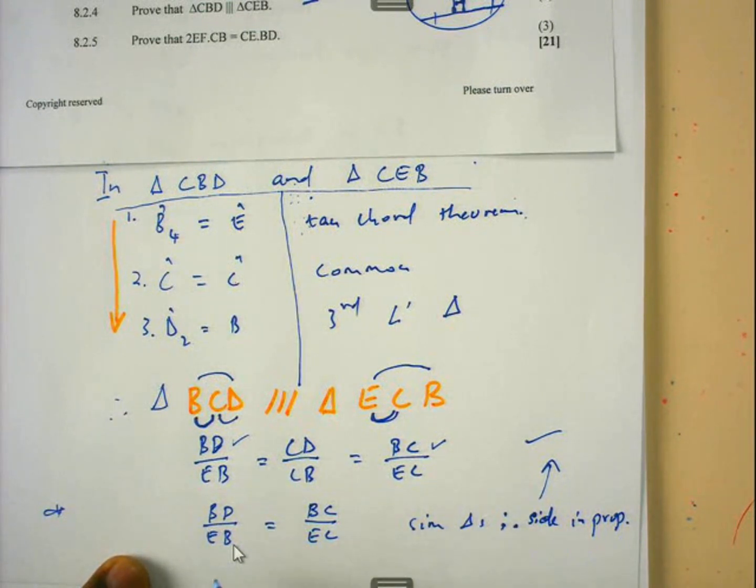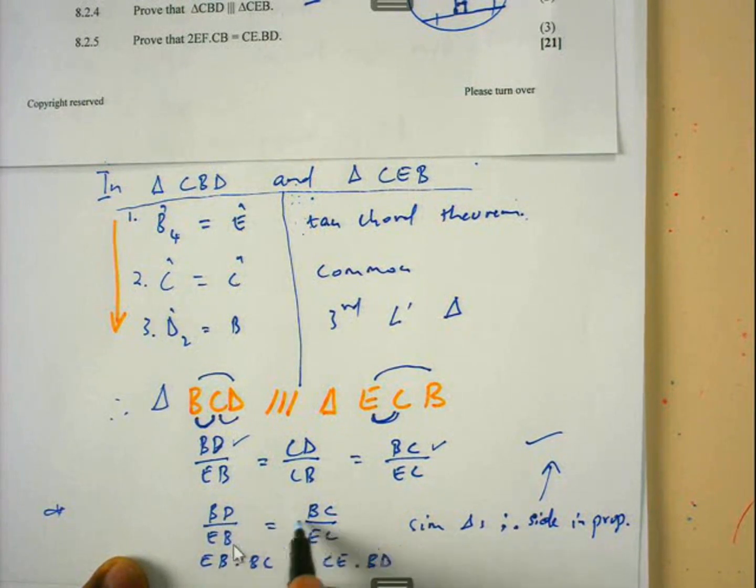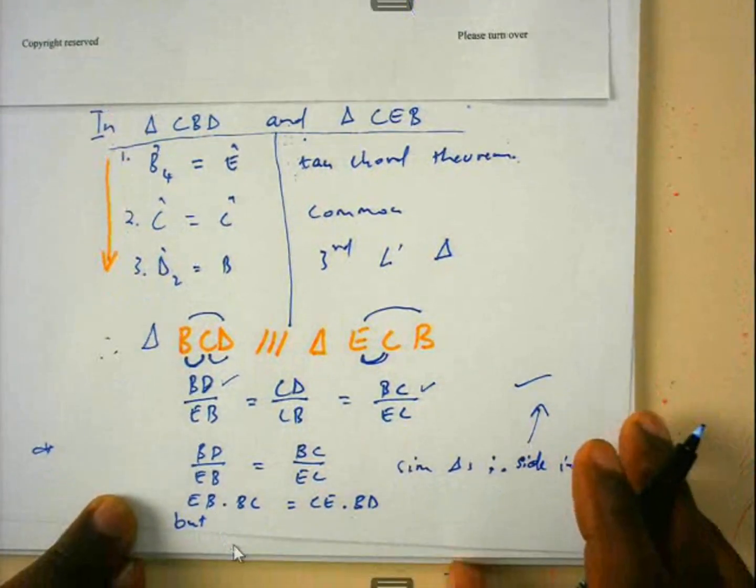But we know we can multiply out here. When you cross multiply, you have EB times BC is equal to CE times BD.